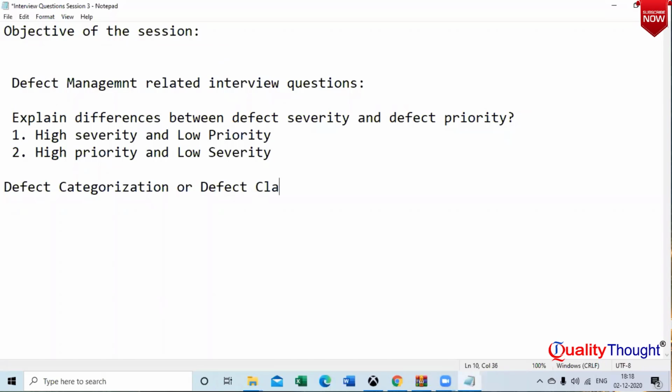So why do we have to categorize defects?